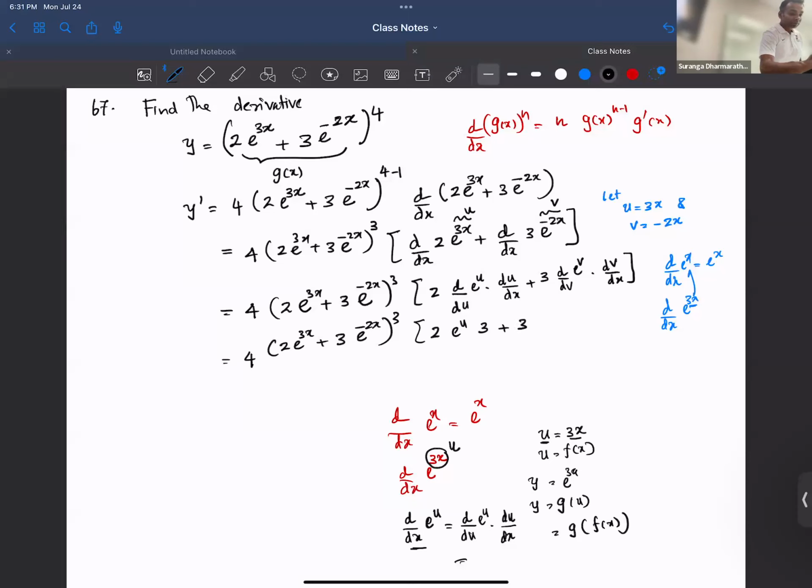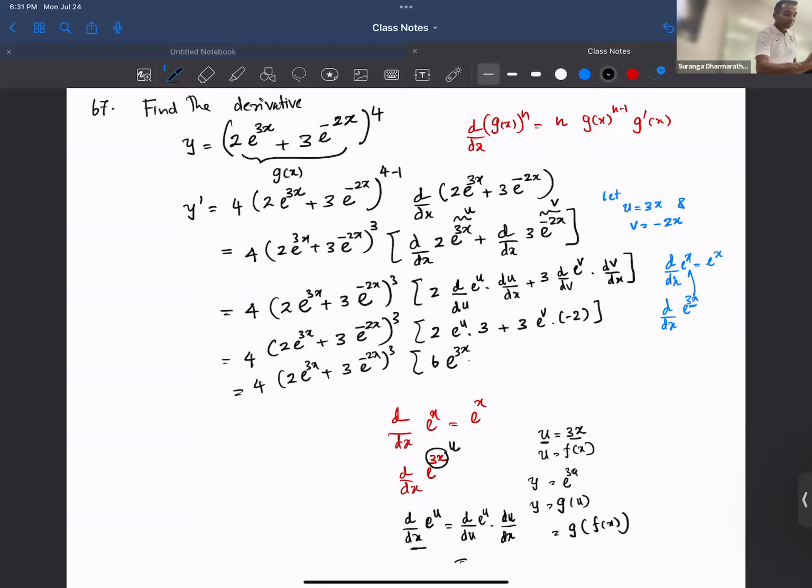Plus 3 times dv over dx, which is e to the power v times negative 2, right? So you have 3 times (2e^(3x) + 3e^(-2x))^2, times 2e^(3x) times 3 plus 3 times e to the power negative 2x.